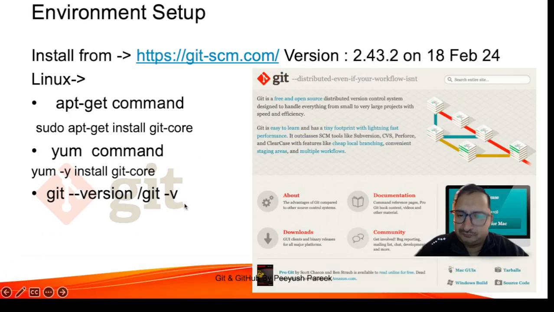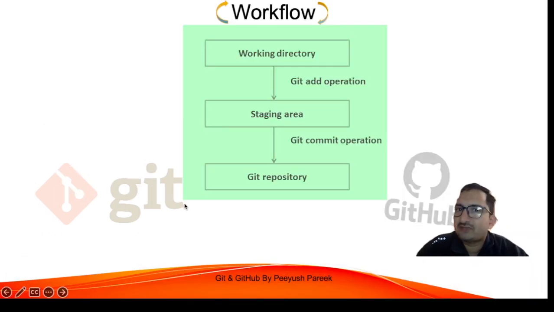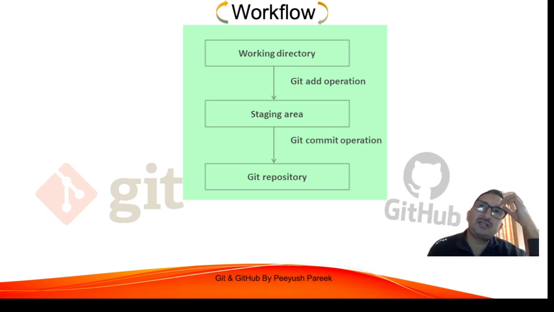The next is the workflow. This workflow represents how we are working. First we create a directory in our system. In this directory we will be working. Then we will add the file to the staging area.